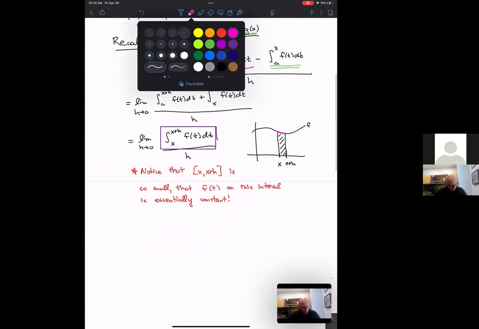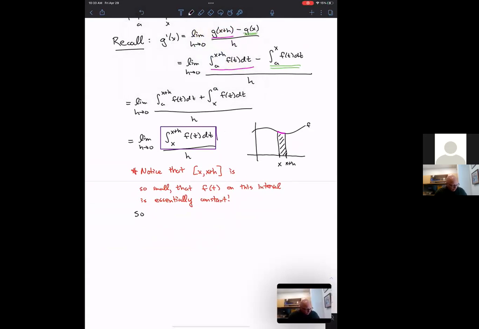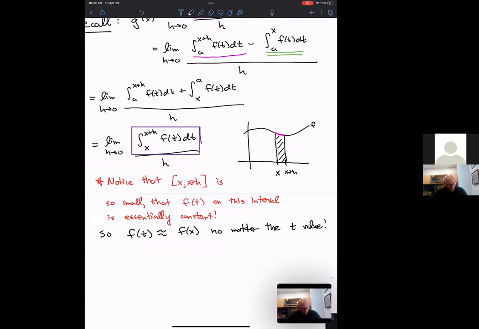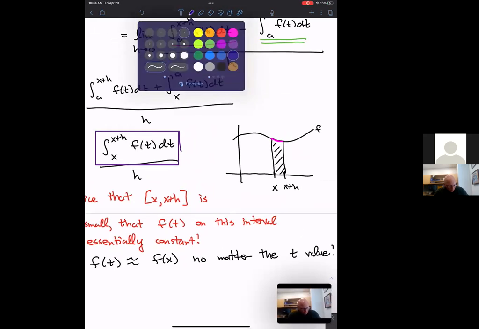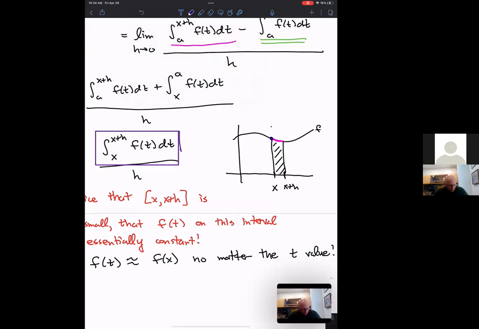So in other words, what I'm saying is f of t is roughly equal to, let's just say, f of x, no matter the t value. And what I mean here by f of x, in a different color, is the value at the left endpoint here.